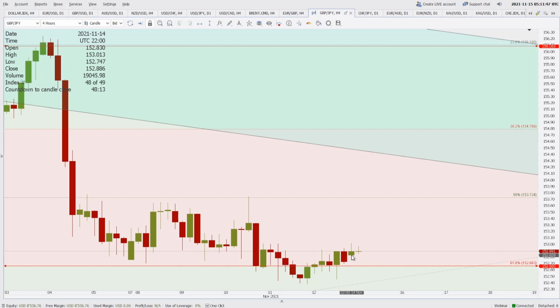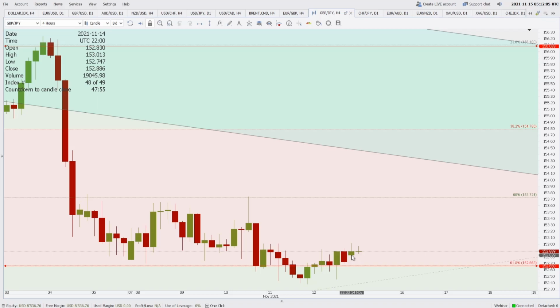So that means the buyers want to push the prices higher, but the sellers are there. But if they are able to manage a close higher than 153.00 on the 4 hour chart, then sellers will have to give way to the buyers to push the price back to 153.72.